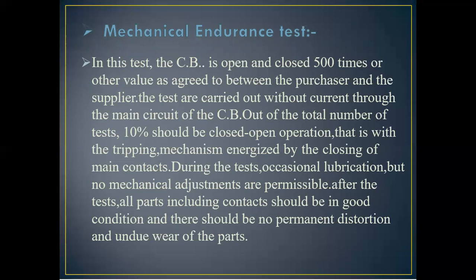Out of the total number of tests, 10% should be closed-open operations, that is, with the tripping mechanism energized by the closing of main contacts. During the test, occasional lubrication but no mechanical adjustment is permissible. After the test, all parts including contacts should be in good condition and there should be no permanent distortion and undue wear of the parts.